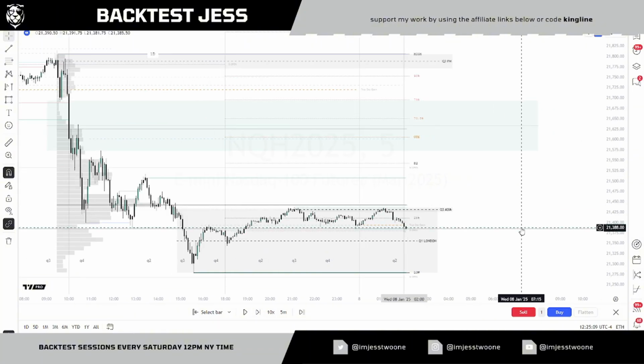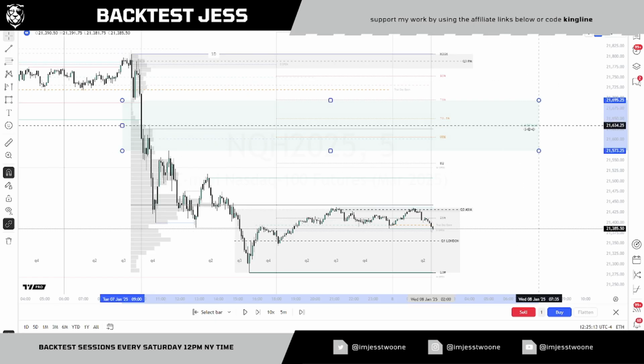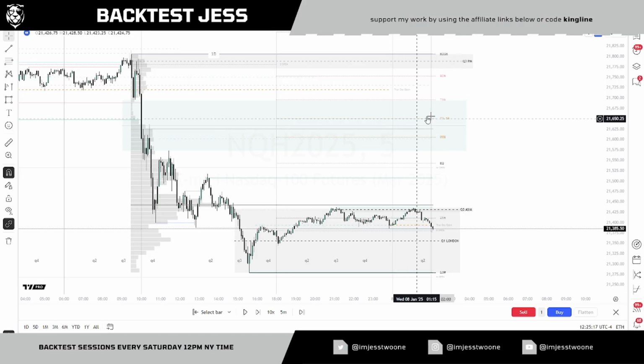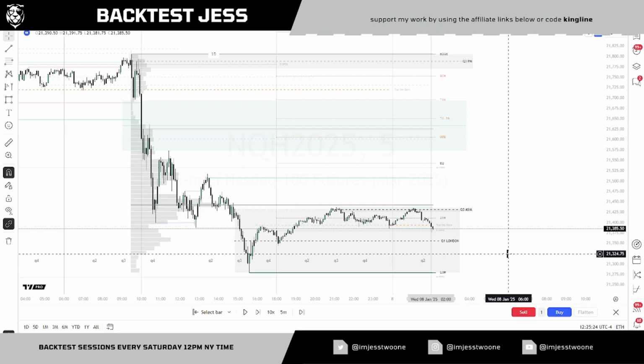So basically, the story is as such with the framework that we've mapped out: we're looking to get into OTE of previous day's range to get a continuation short.